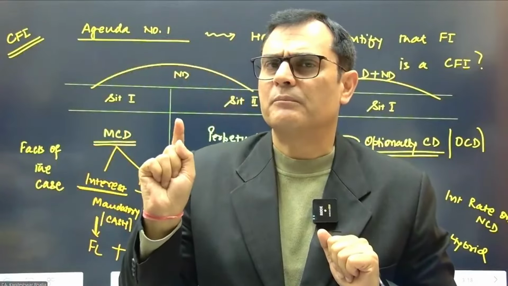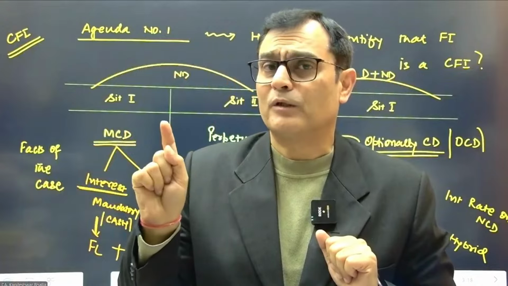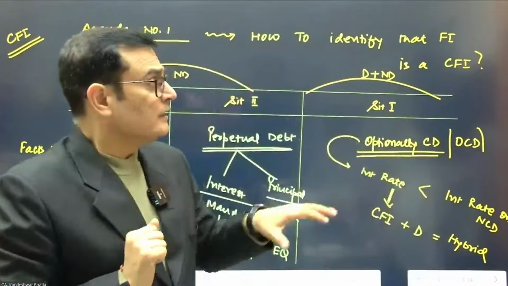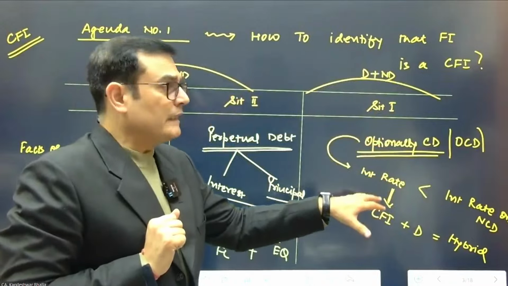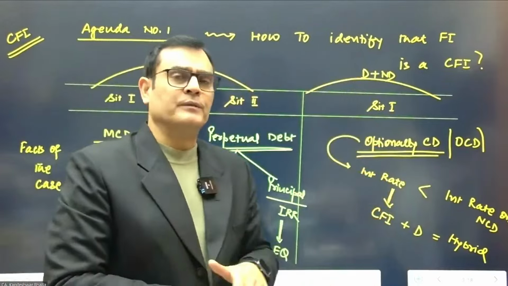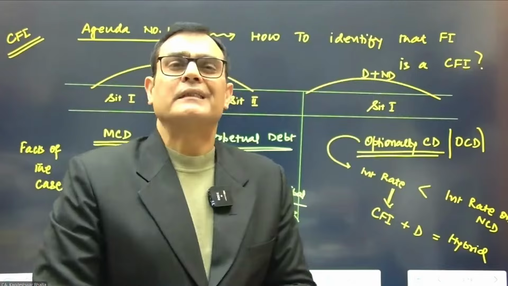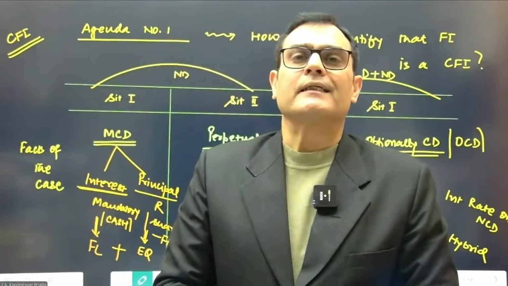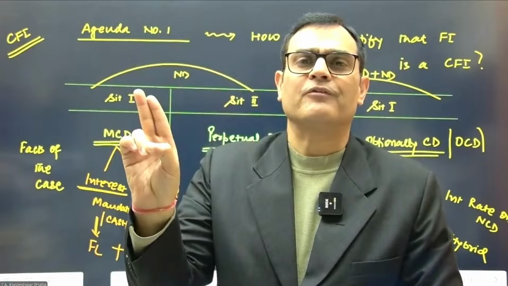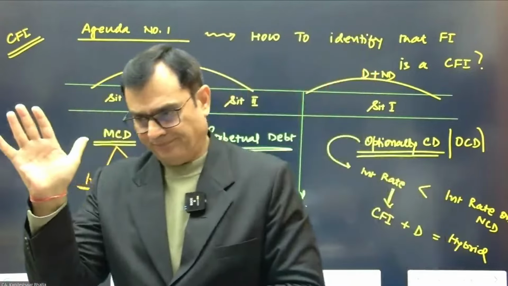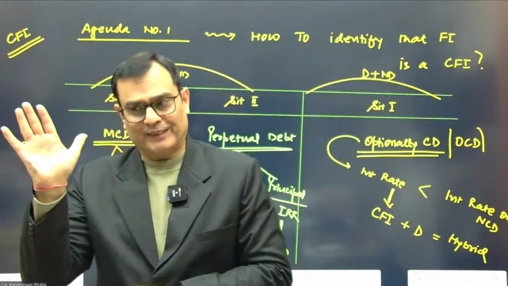Now let me say something point blank. Let me get your answer. In this case, if I assume that the derivative has equity characteristics, can I say I will not segregate the derivative and it is a CFI? Agreed? Please give me answers on that.